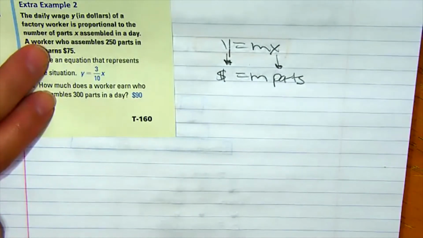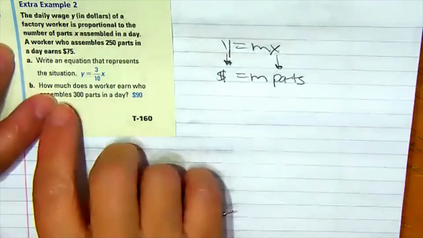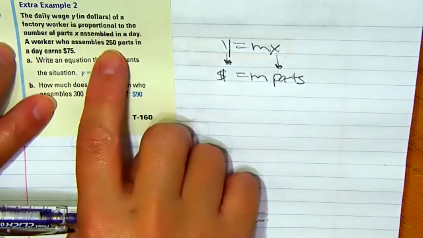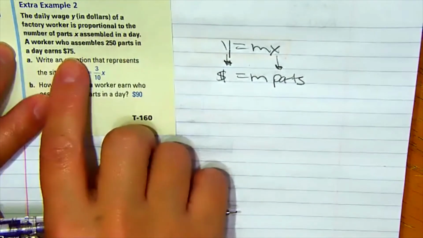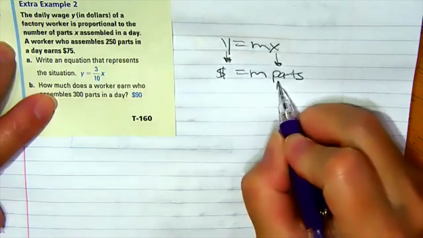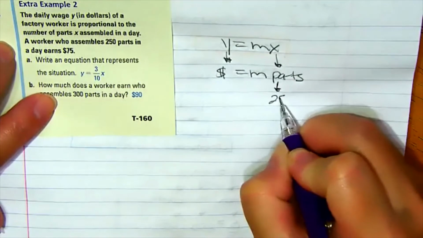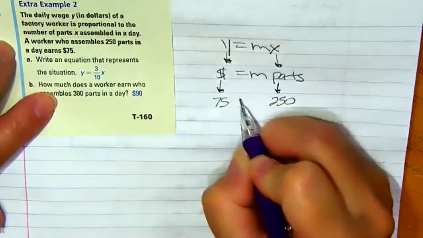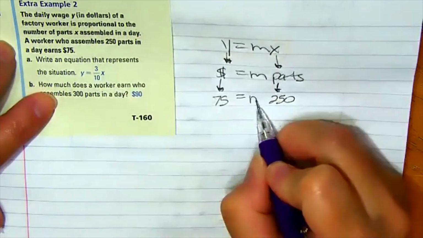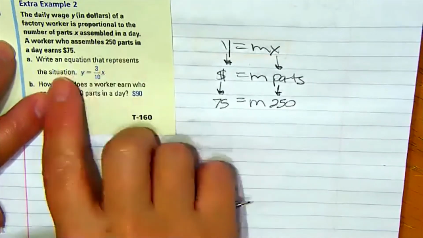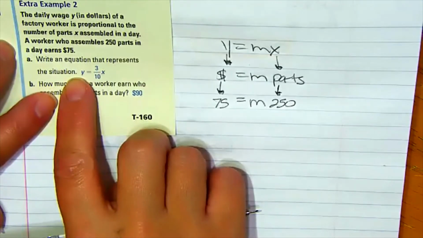So it continues. A worker who assembles 250 parts in a day earns $75. So now we need to substitute. 250 parts earns $75.